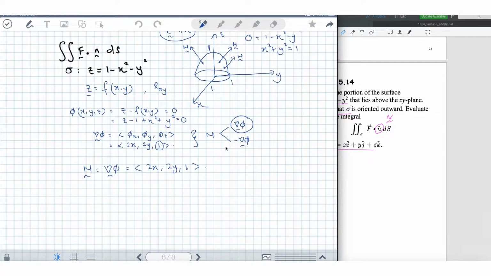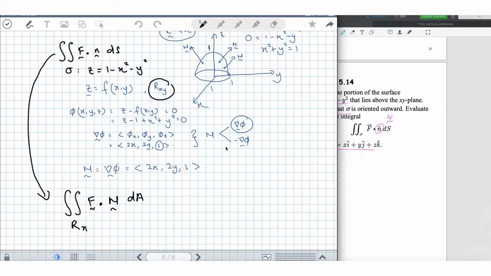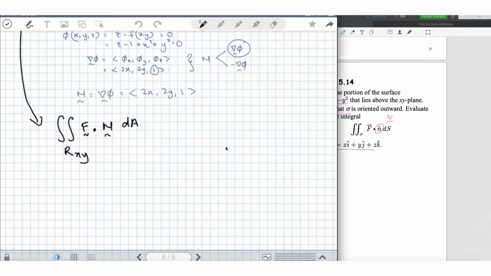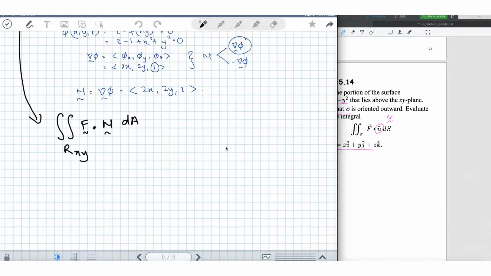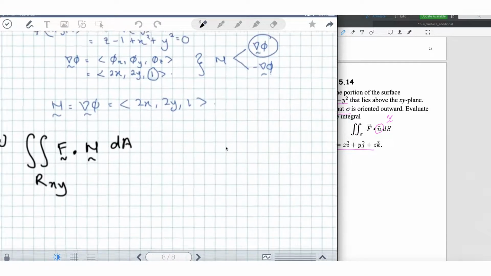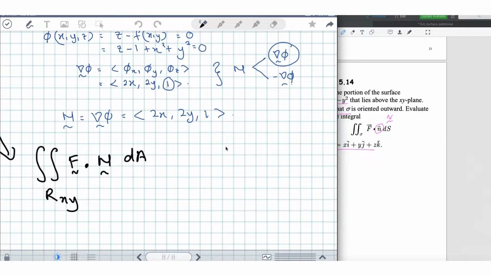Okay, then from your surface integral, now we can rewrite this f dot n dA over the region R, and your region must be on xy plane. So now the next step, you have to find the dot product between the f and the n. Okay, so what is the f given?